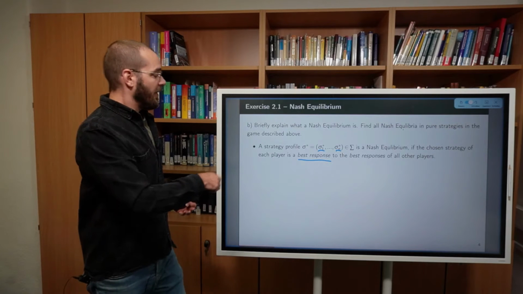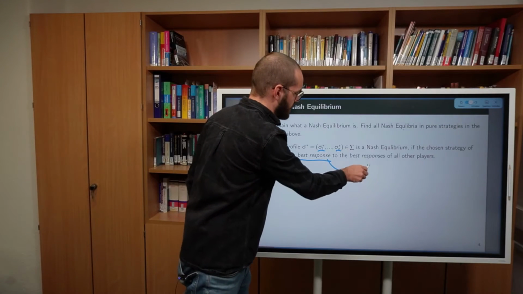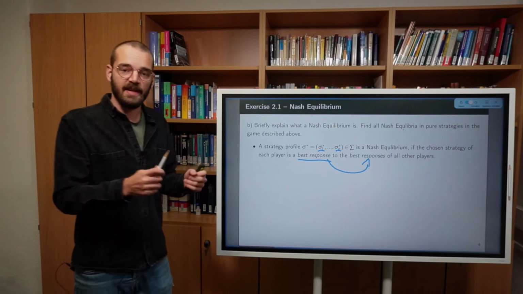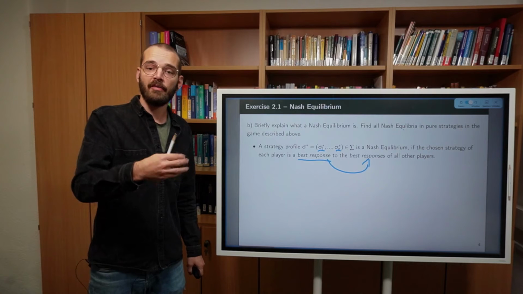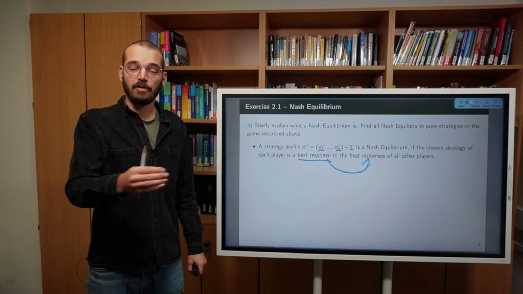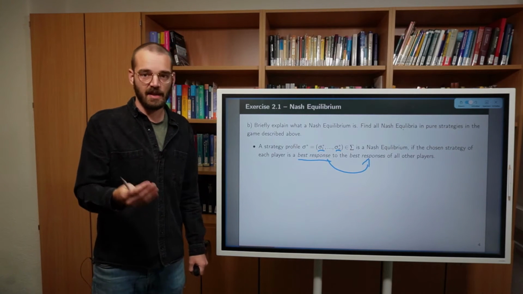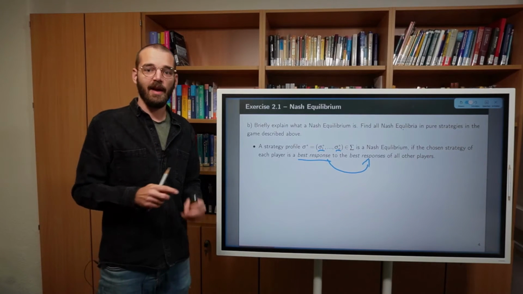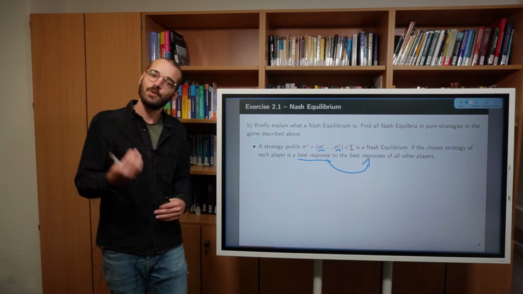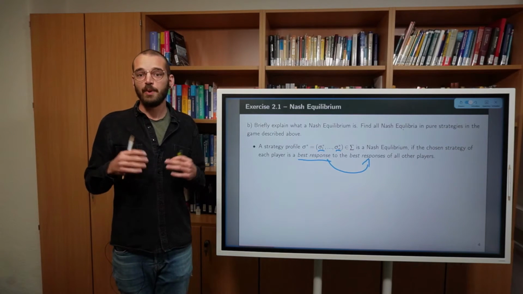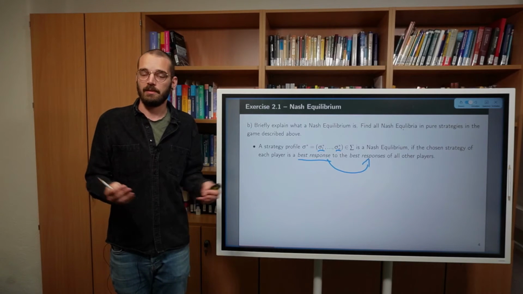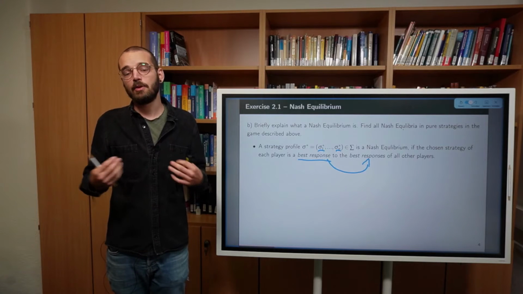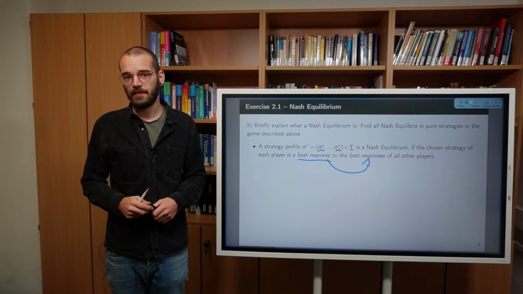And then a best response to the best response, this recursion, means that all players are choosing the payoff maximizing strategy, considering that all other players are choosing their own payoff maximizing strategy. And by this, it's quite intuitive, I think, that we will end up in an equilibrium, because if everybody is choosing their payoff maximizing strategy, then no player has a reason to deviate. All right?